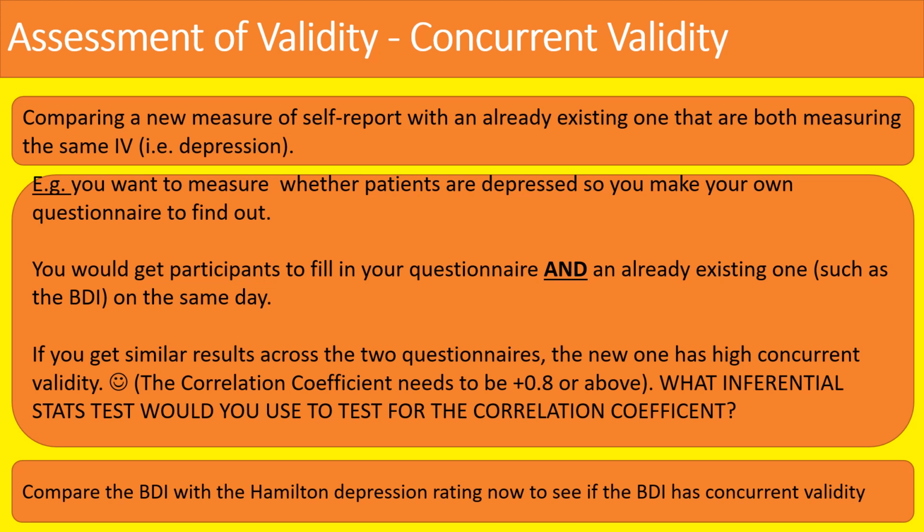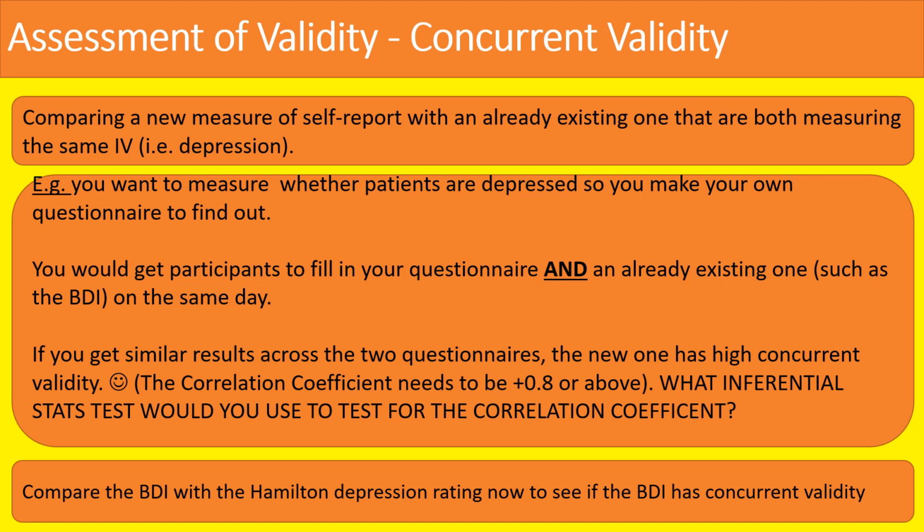The other one is concurrent validity, which is used usually for questionnaires, and it's where you get an existing questionnaire, one that's already established, and you get a participant to fill in that one. So for example, you get them to fill in the Beck's Depression Inventory, which is a well-established questionnaire to assess depression. And then you would get them to do a new questionnaire that's measuring depression.